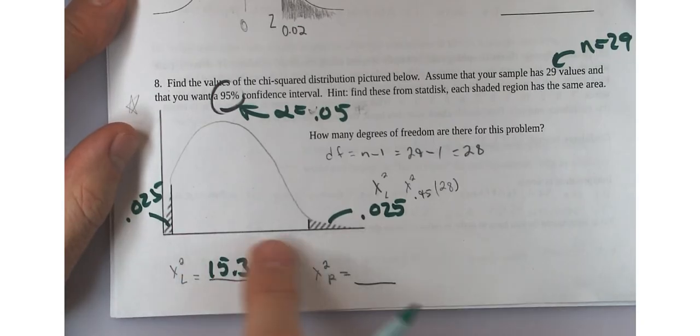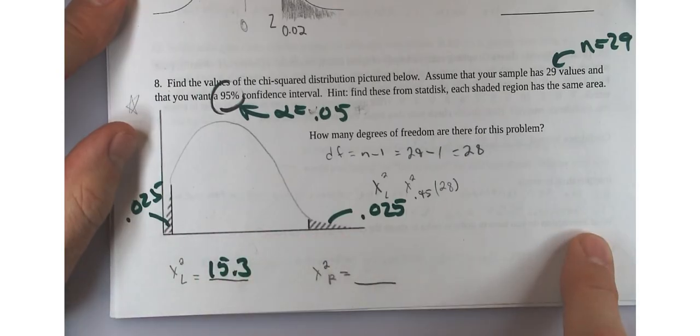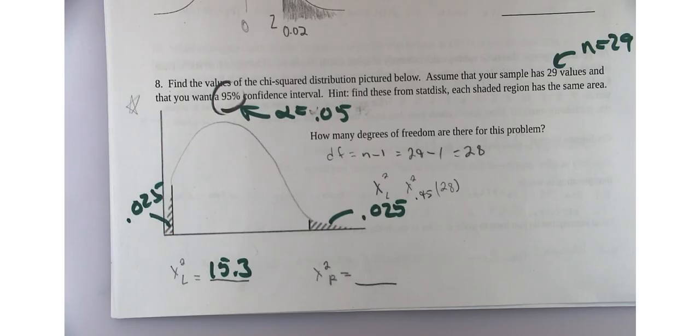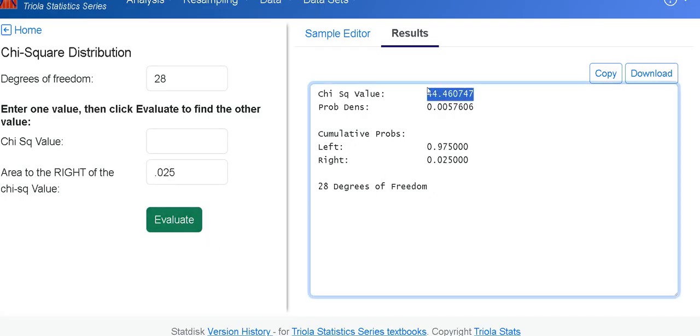You're farther to the right. Our number is getting bigger or smaller as I move to the right? Bigger. So I expect a bigger number when I do this one, and I'm rewarded. 44.5. If I needed a specific number of digits on an exam, I would tell you.